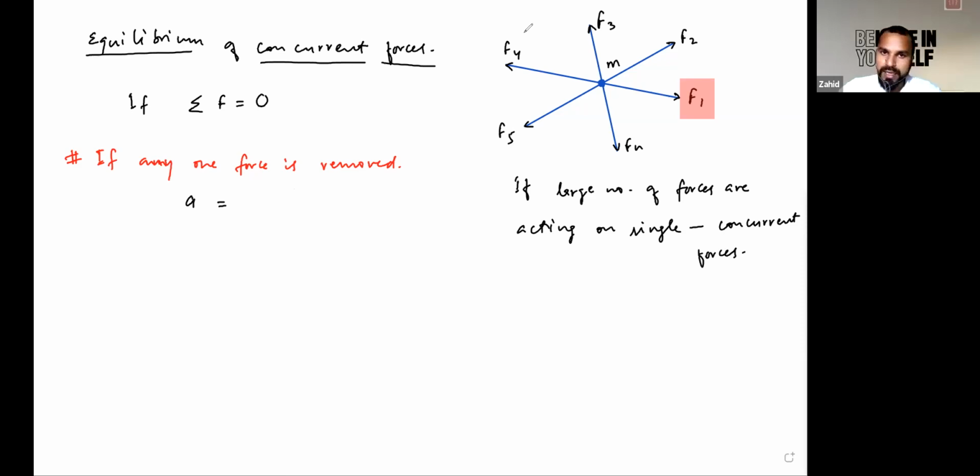And F4 is opposite to this F1. So you will also say the removed force divided by mass, in the opposite direction, will be termed as the acceleration of this particular body. Is it clear? Yes, sir.